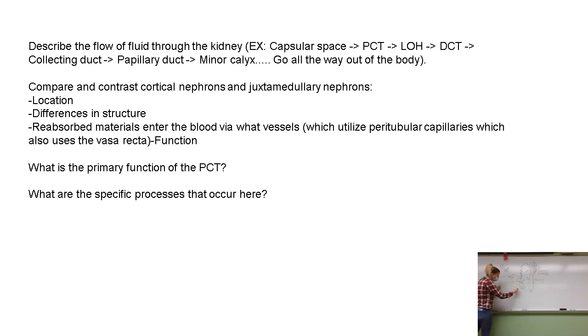Then all of the major calyces, plural, all of the major calyces end up merging together, and then they form this really large funnel that leads out of the kidney, and that's called what? Good, the renal pelvis.